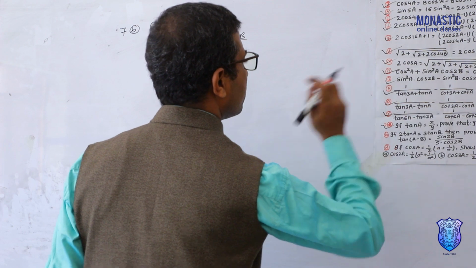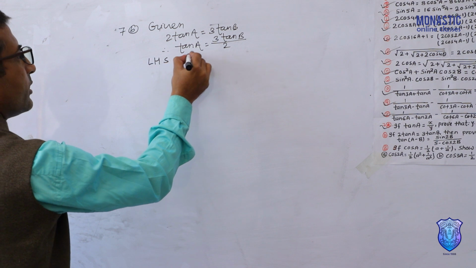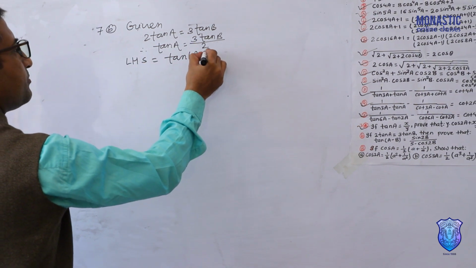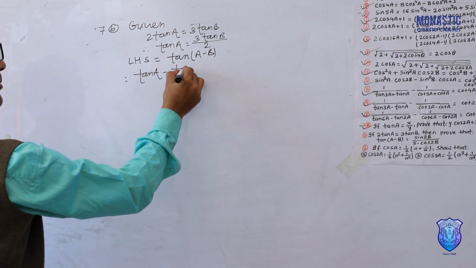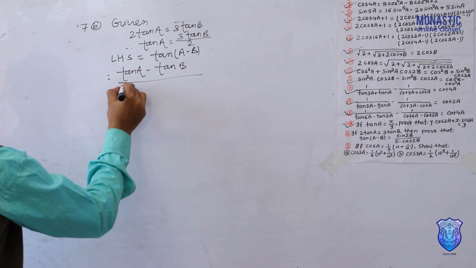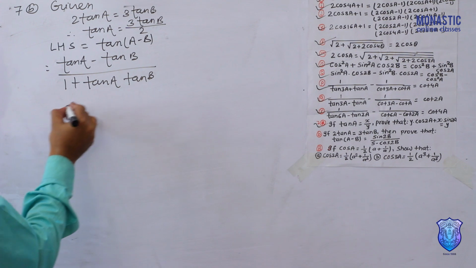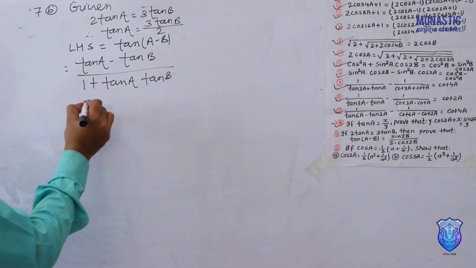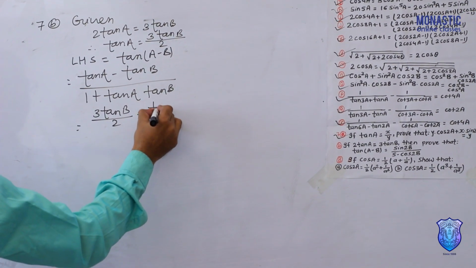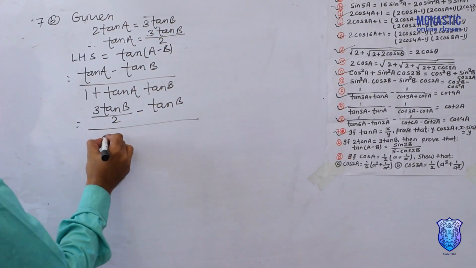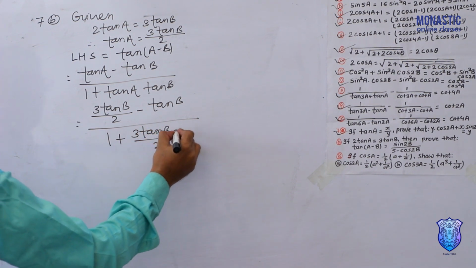Because we want the result in B rather than A. In LHS we have tan of A minus B. Write the formula. Tan A minus tan B by 1 plus tan A into tan B. Substitute the value of tan A. 3 tan B by 2 minus tan B, 1 plus 3 tan B by 2 into tan B.